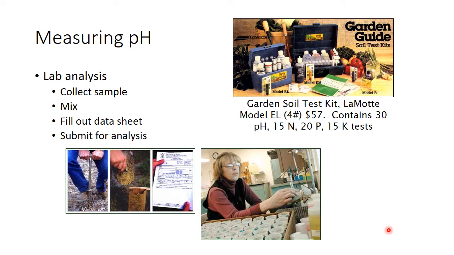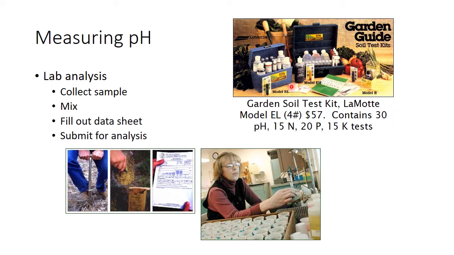If you wanted to actually get a test done, you could just take a sample, put it in some sort of sample bag, fill out a form, and submit that to a soil testing lab like the K-State soil testing lab. You can also get kits to do this on your own. The kits are sort of expensive. They're more convenient because you get your results right away, but on a per test basis, they do cost more. Here's an example of just one you can find online.